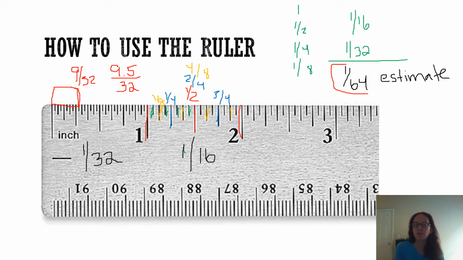So when you're measuring with your dowel rod, if you think it lands on the actual line, then you just count up your 32nds and you're good to go. If you think that it hangs over a little bit, but not enough to take you all the way to the next line, then you would say like 9.5/32, and so forth. And then I'll have you change that to a decimal, but that's for another activity.